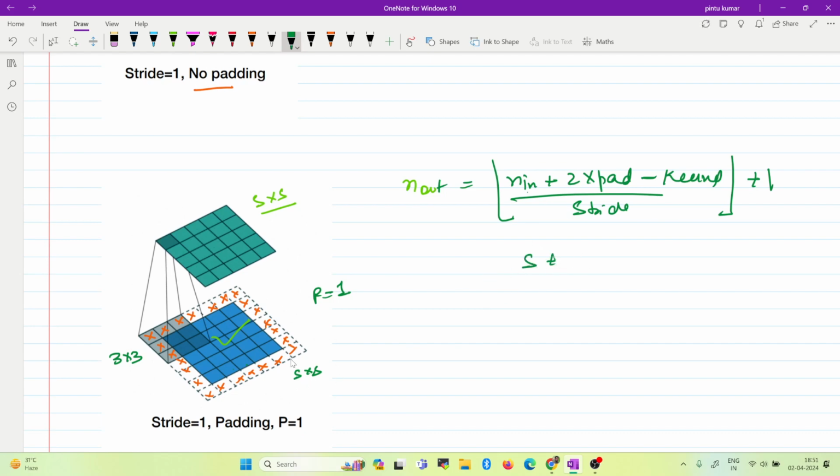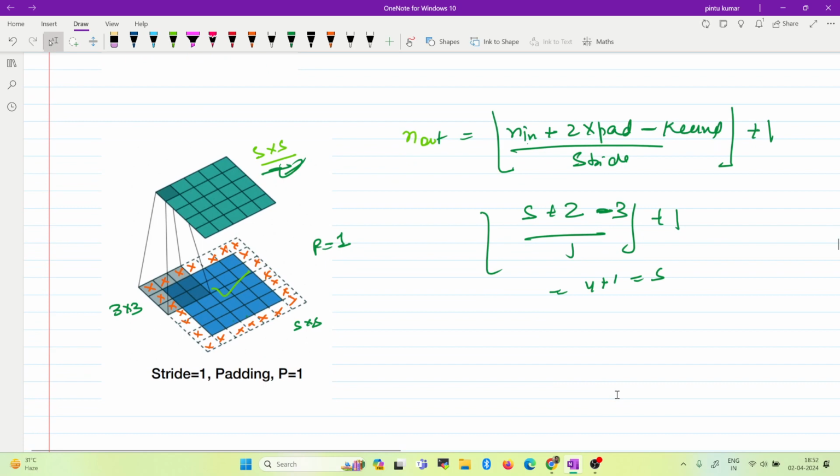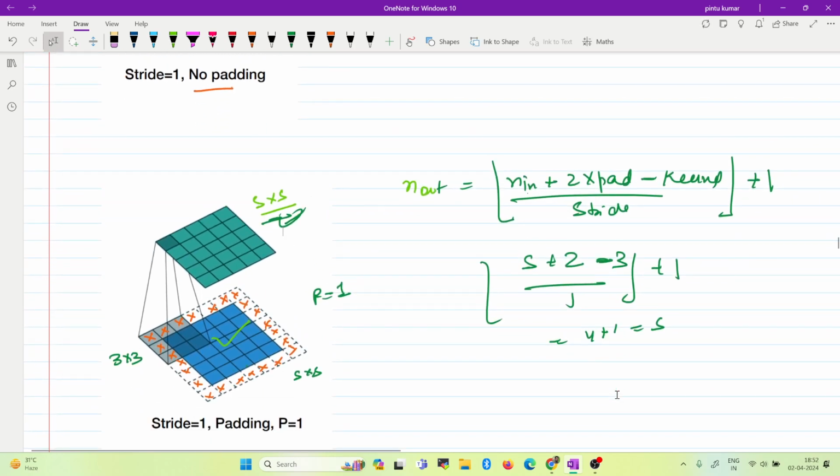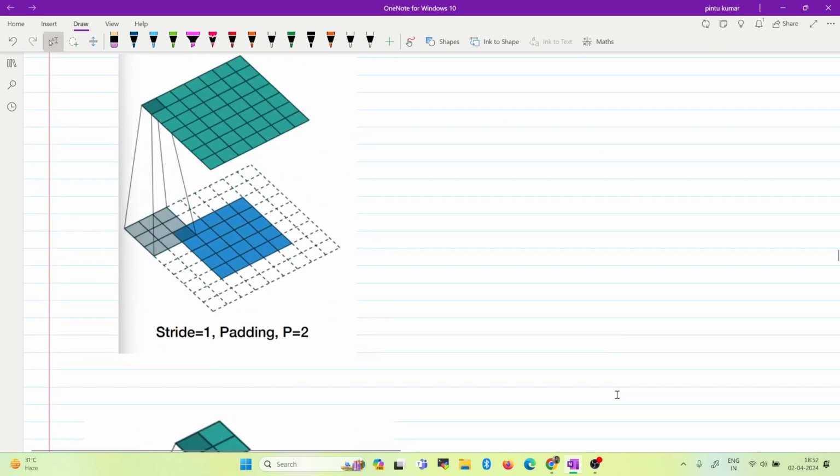Now padding is of size 1, so plus 2, minus 3, divided by 1, floor, plus 1. So this is 4 plus 1 is equal to 5, and the size of my output that we obtained that way is also 5 cross 5. So this is how you can calculate the size of your convolution feature. Let's look at some more examples.